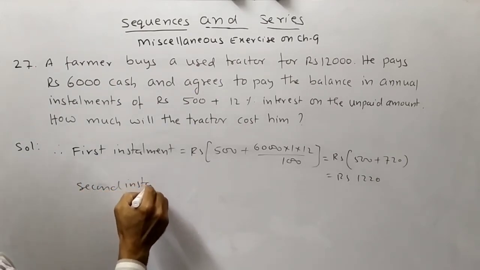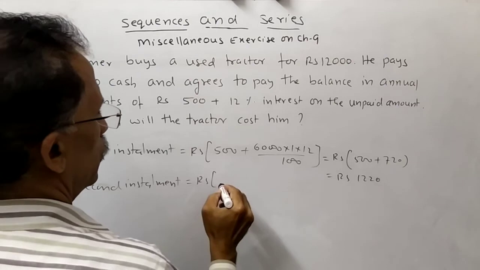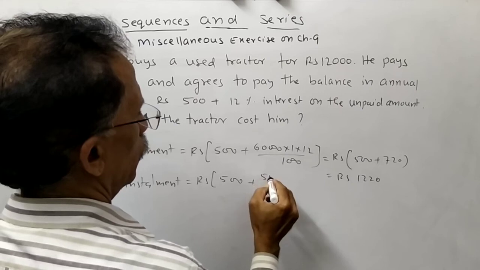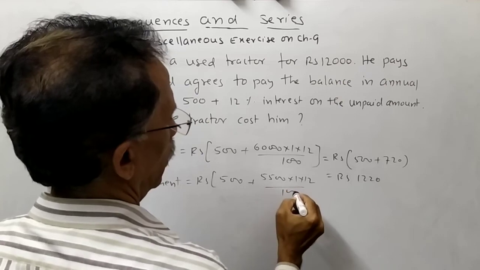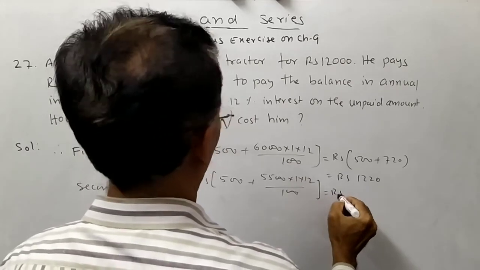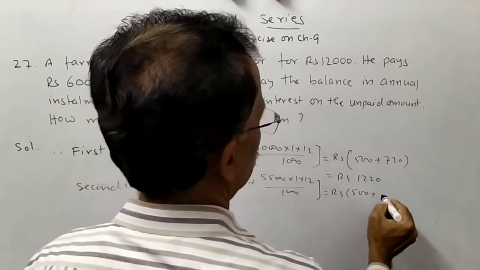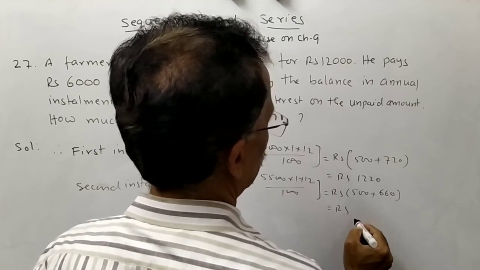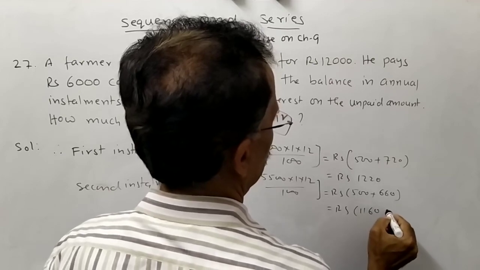Second installment is equal to rupees 500 plus 5,500 into 1 into 12 divided by 100 is equal to rupees 500 plus 660 is equal to rupees 1,160.